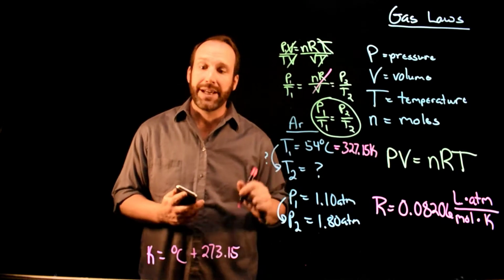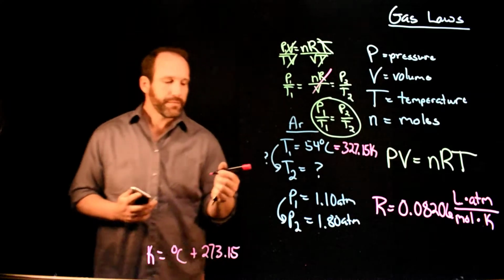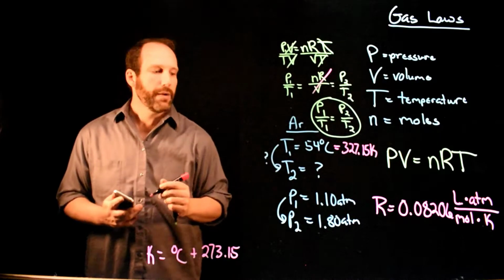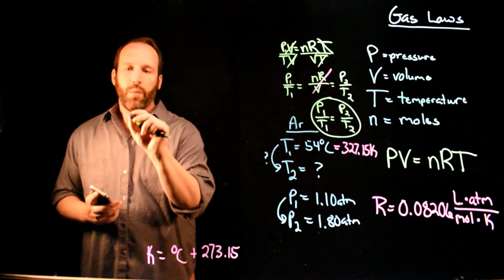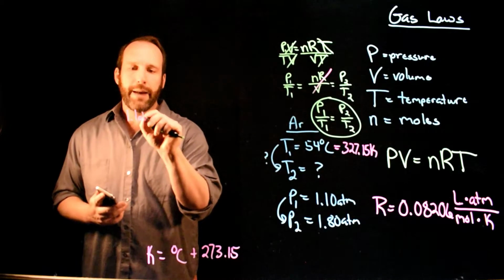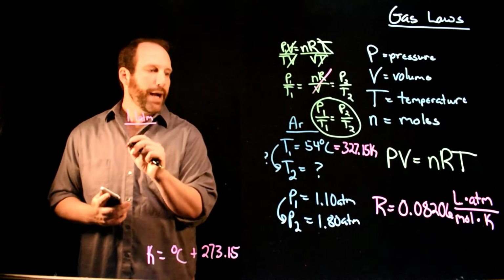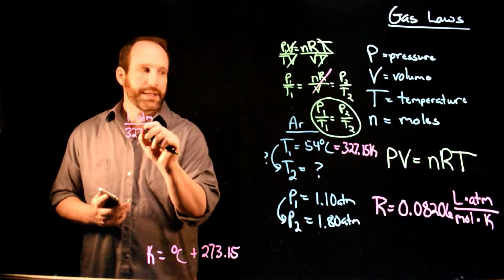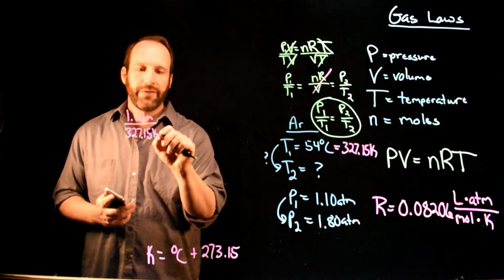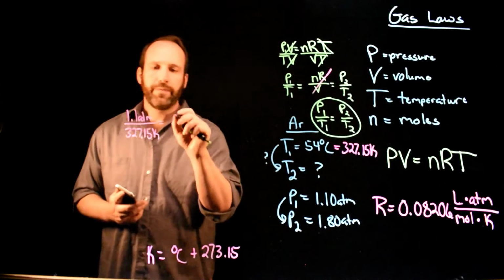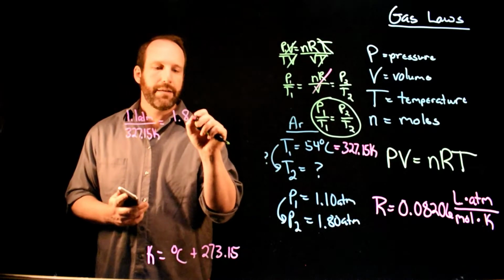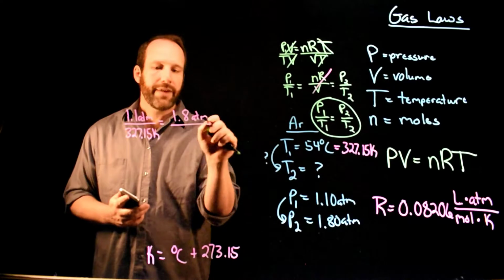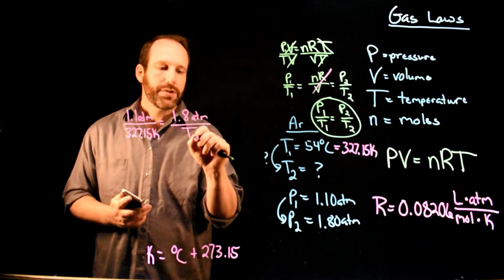Let's solve for T2, using our equation here. So we can say 1.1 atmospheres divided by 327.15 Kelvin is equal to 1.8 atmospheres divided by T2.